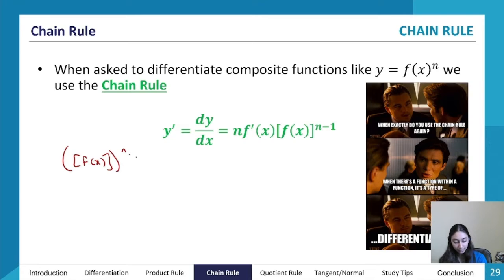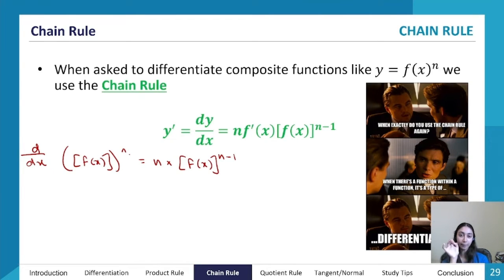So the derivative of that, so d dx, we'll take the power out the front just like we do for the simple differentiation. So it'll be n times f of x to the power of n minus 1. So far it's exactly like our x to the n formula, but in a bigger version.